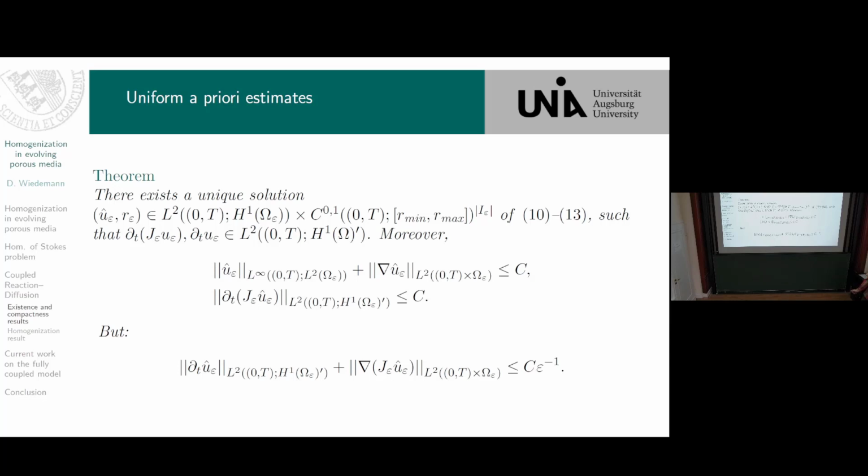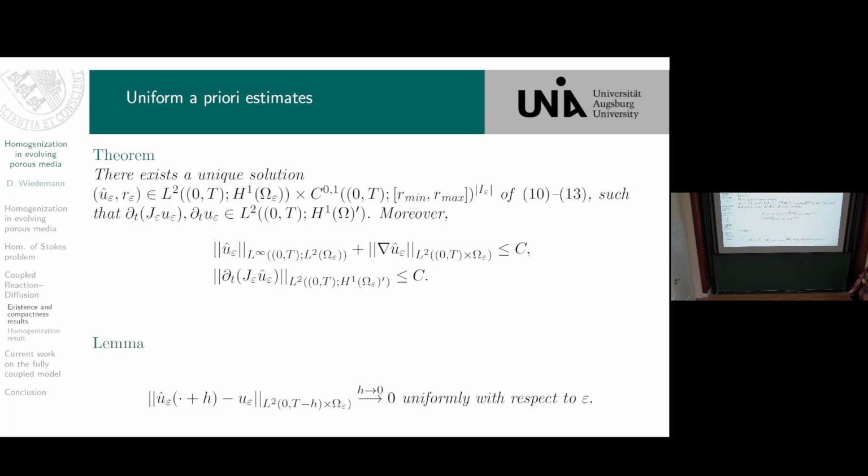But this is not possible. Another approach would maybe be to have some strong convergence for this term, but there's the lack of controlling this gradient. So it's not trivial to get some strong convergence.